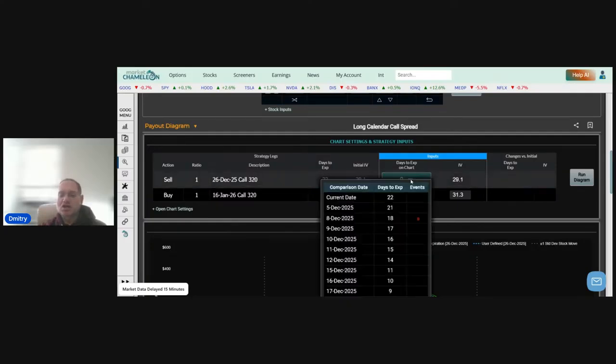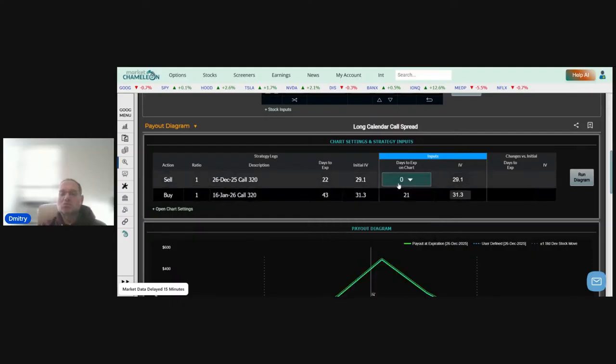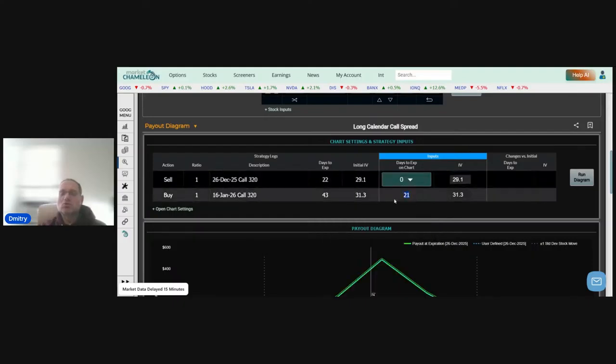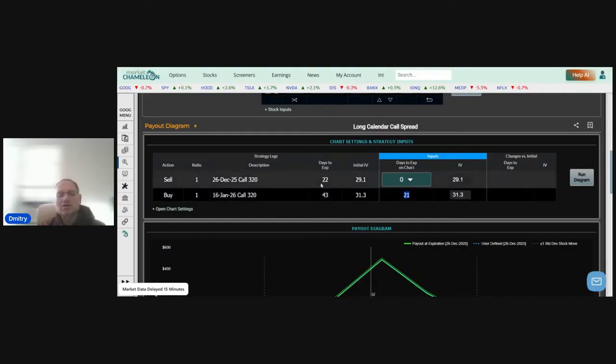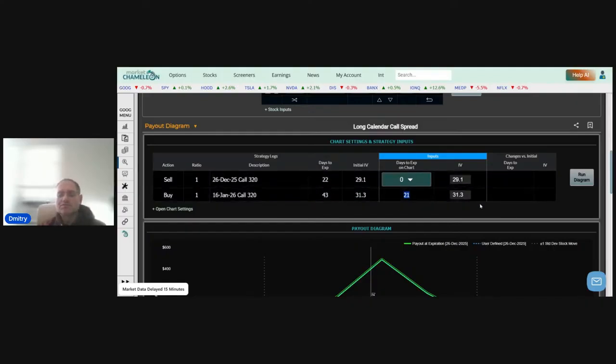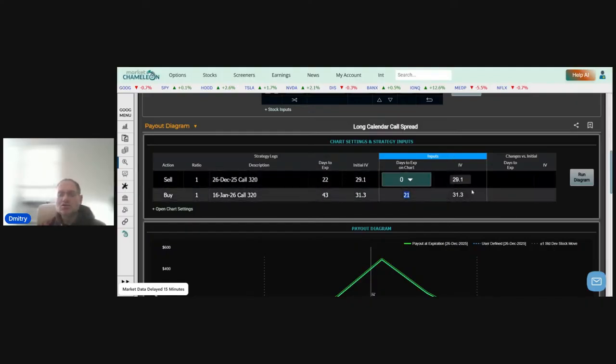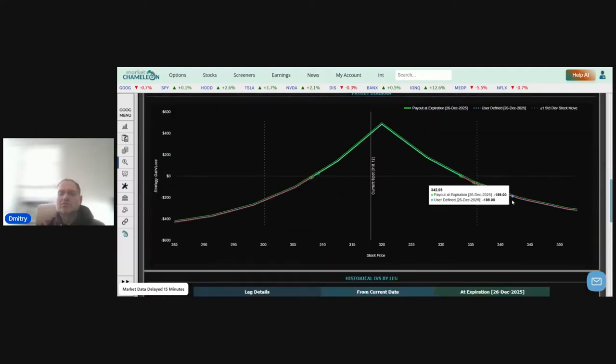And we could change that, okay? We could do it a little bit earlier, but let's just say at expiration, 0 days, this will have 21 days. So this will decay, right? They both will decay. This is taken into consideration. And it's saying that the implied vol right now is 31.3, and we're going to keep it at 31.3 for now. So this is what it would look like.